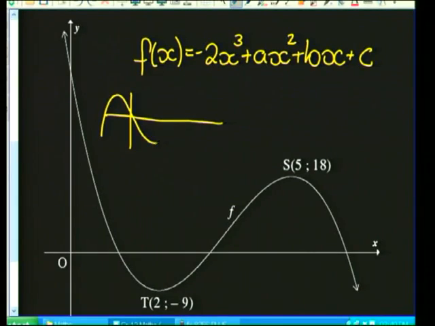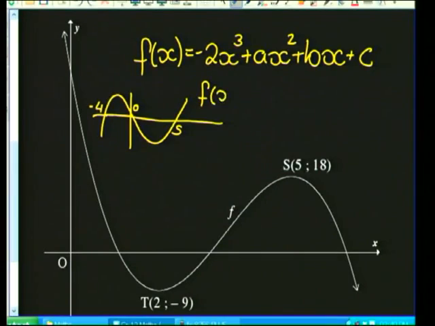Just quickly, if you have been given the 3 x-intercepts, let's say for instance I've got a negative 4, I've got a 0, and I've got a 5, the way you go about finding the equation of that function is you start by saying f of x is equal to a, and we have 3 brackets where I take (x minus x1)(x minus x2)(x minus x3).